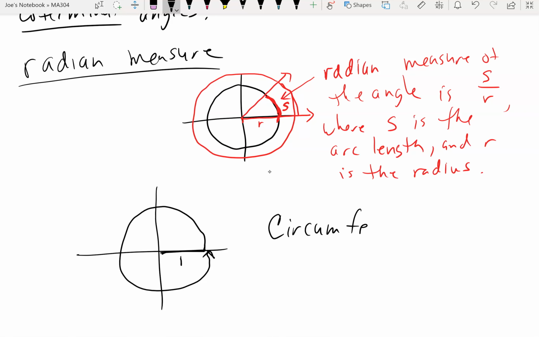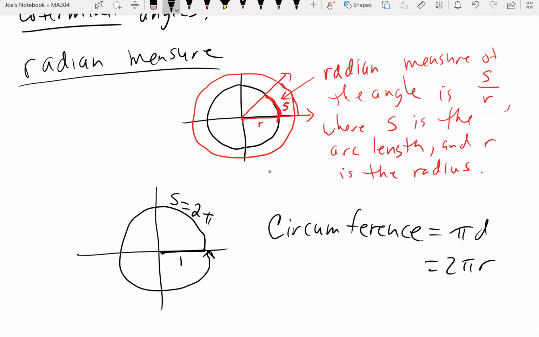Yeah, it's pi times the diameter, which is 2 times the radius, so it's 2 pi r, right? What did I tell you the r is in this particular case? 1, right? So the circumference for this one, our arc length, would be 2 pi. All the way around would be 2 pi.